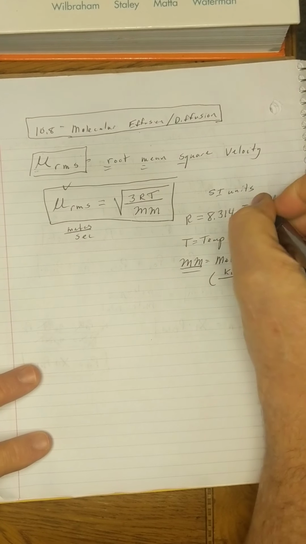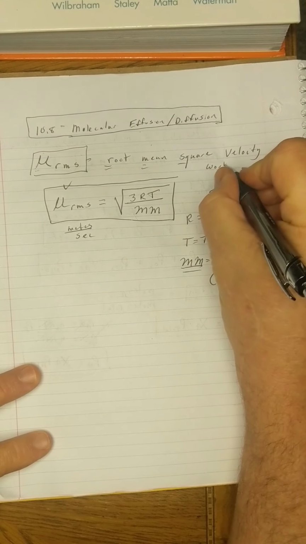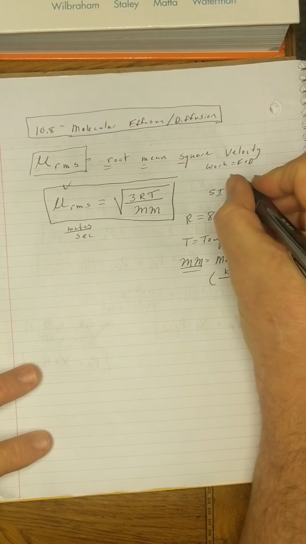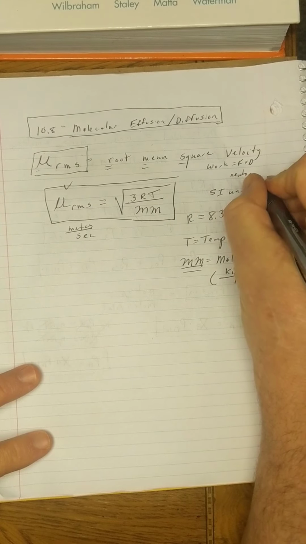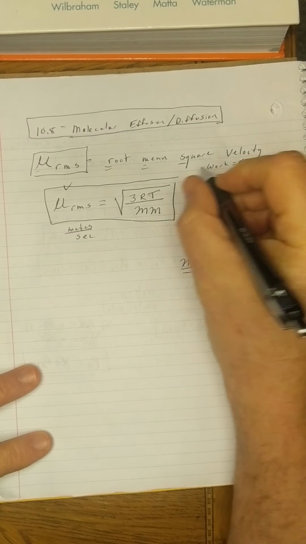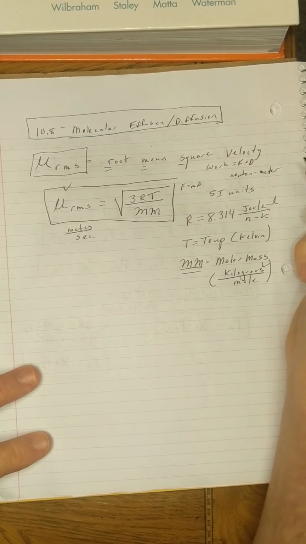Now a joule, as a unit of work, equals force times distance. And the force is a Newton, and the distance is a meter. Okay, and F equals ma. I'll go through a little bit of physics.